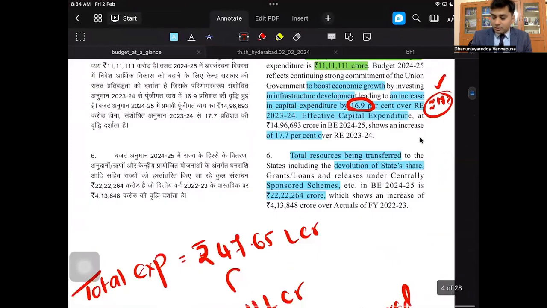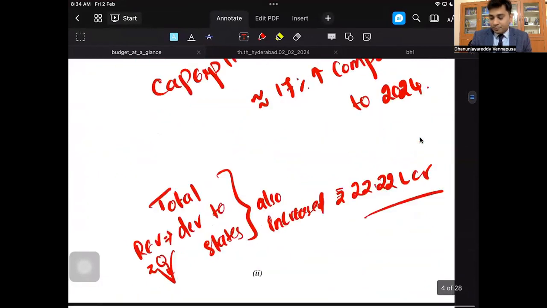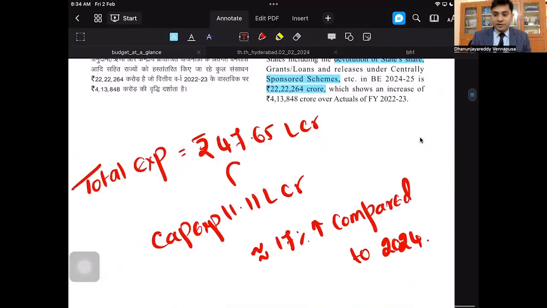Now they are explaining the total expenditure of the Government of India. The total expenditure of the Government of India for this fiscal year is going to be 47,65,000 crore rupees, or you can remember 47.65 lakh crore rupees, is the total expenditure for this financial year 2024-25. In this, there are two expenses, capital expense and revenue expense.